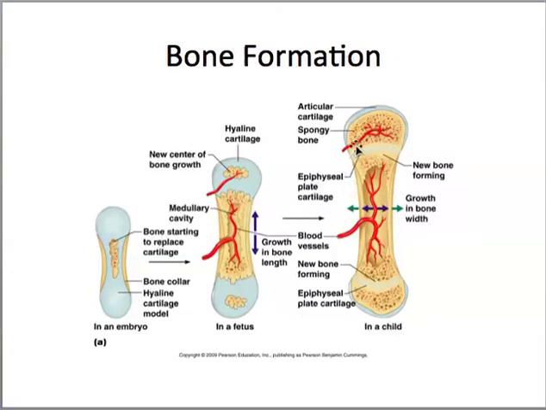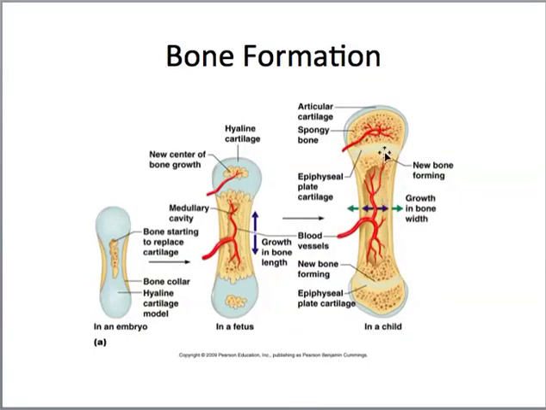And eventually what will happen when we're all done is that you'll have compact and then spongy bone in the epiphyses. Then you'll have this epiphyseal plate. Okay, this is where new bone growth can happen. And then underneath the epiphyseal plate is going to be the spongy bone, the medullary canal, and this is where longitudinal growth can occur.